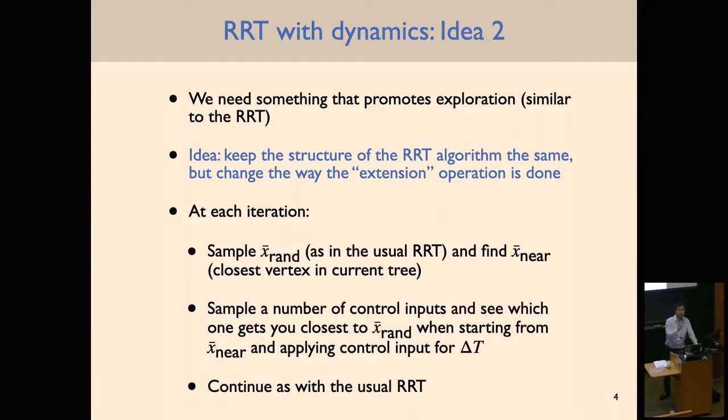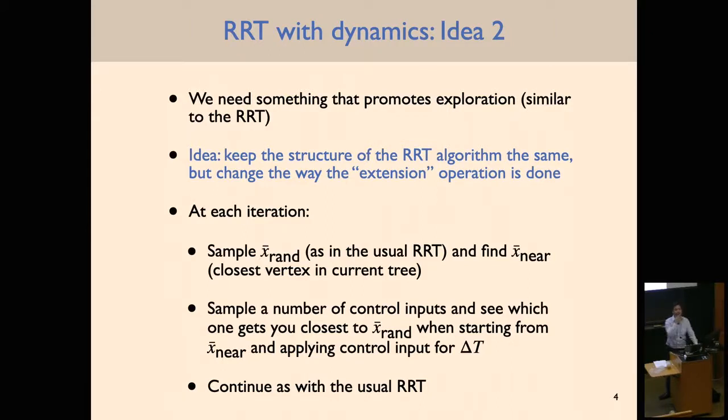If you sample too few control inputs, the likelihood that you're going to make progress towards x_rand is low. If you sample too many control inputs, then, like you said, each iteration is going to be computationally expensive, and that might slow things down. Intuitively, there's going to be some sweet spot in the middle, but I don't know of a principled way of finding that. It's just trial and error for your particular problem.